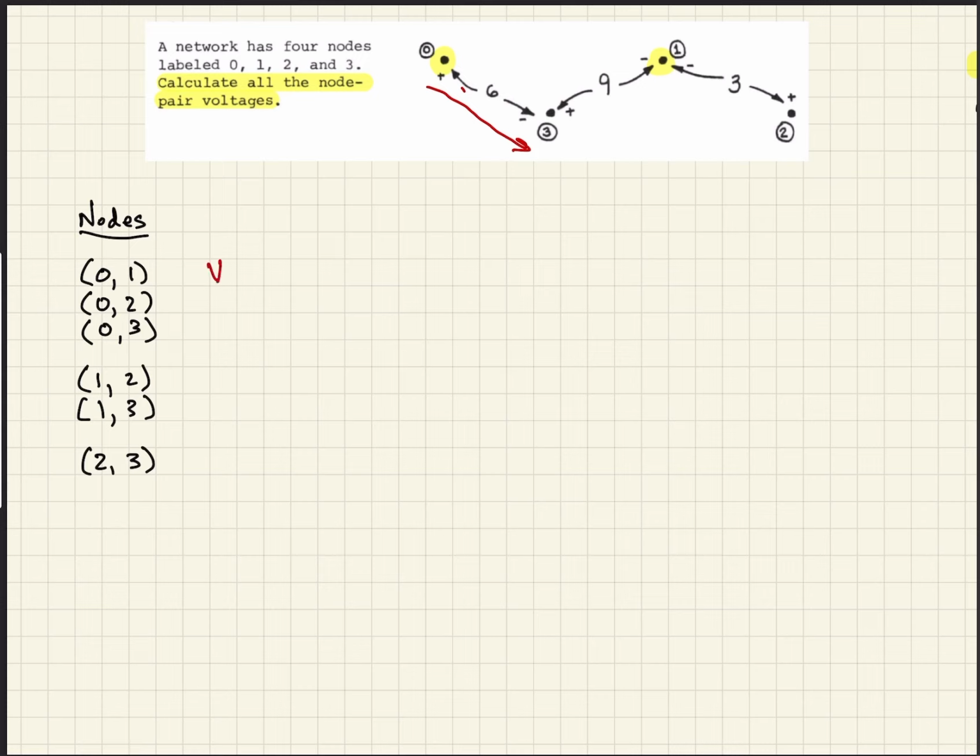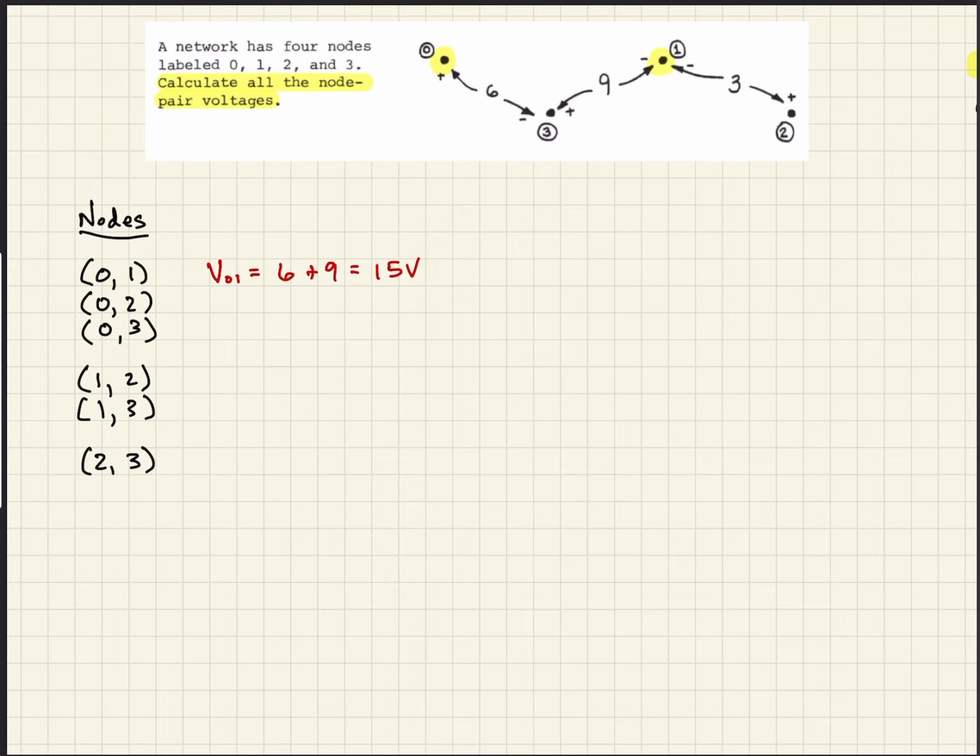So I'll just call this voltage V01, and we'll say it's plus 6, and then we go from here to here, which gets us where we want to be. That's another 9 volts, so it's plus 9, and so that one's going to be 15 volts.